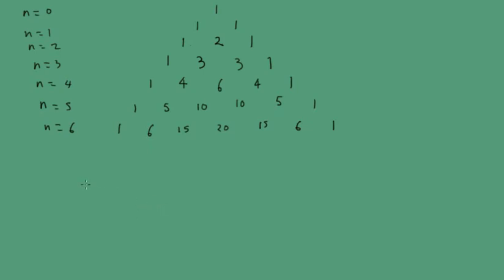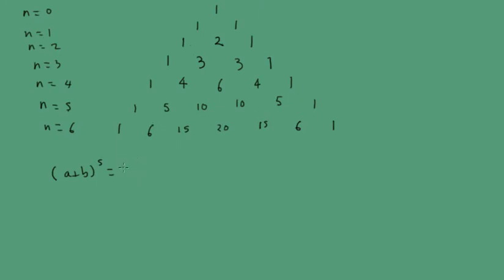So say we had (a + b) to the power 5. We can read off n is 5, and read off the numbers here from Pascal's triangle, and it'll give us the coefficients.